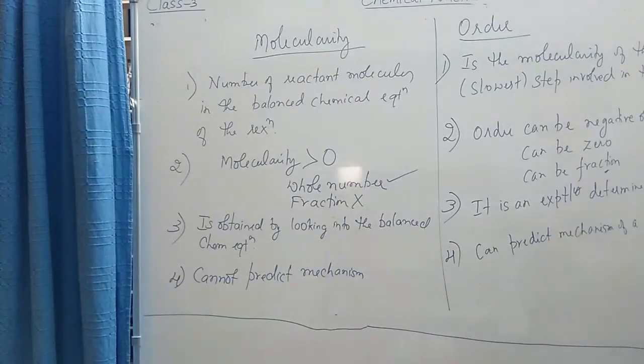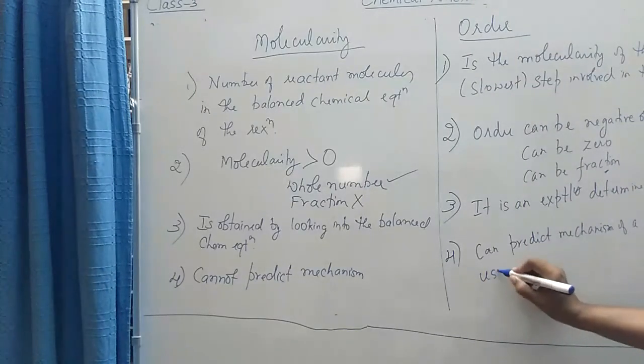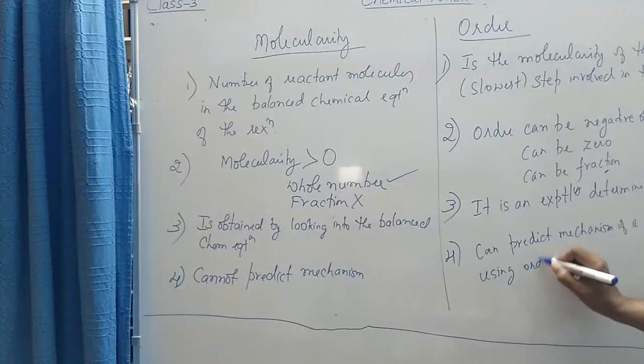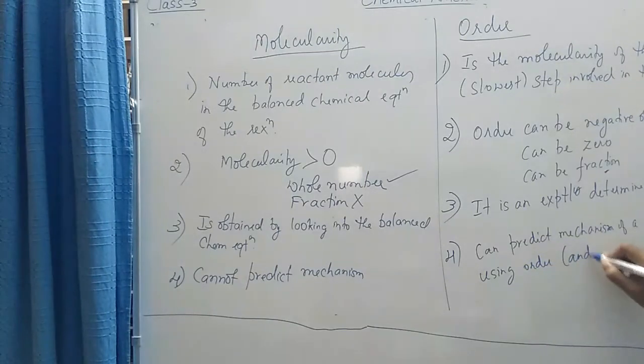We require some supplementary or complementary method. One can predict what is the mechanism of a reaction by using order, and vice versa, that is, if you know the mechanism of the reaction, we can determine what is the order, or if you know the experimentally determined order, then it is possible to predict what is the mechanism of the reaction. So these are the important differences between molecularity and order.